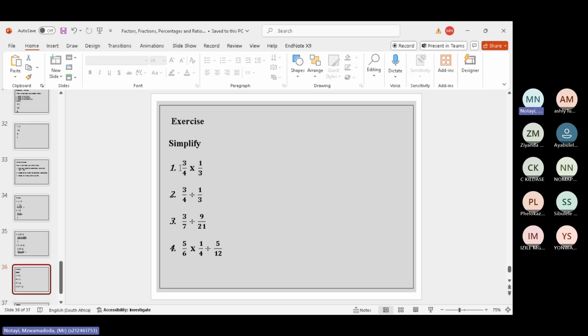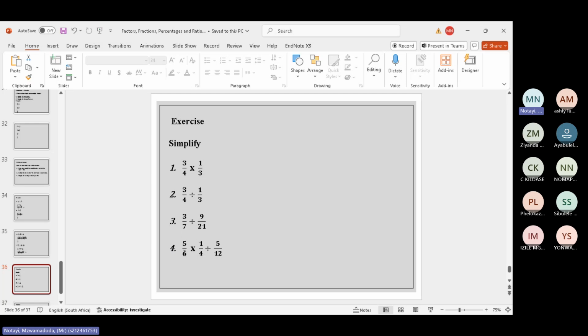There is an exercise for you guys. Simplify the following fractions. Number 1, 3 over 4 multiplied by 1 over 3. Then 3 over 4 divided by 1 over 3. Number 3, 3 over 7 divided by 9 over 21.